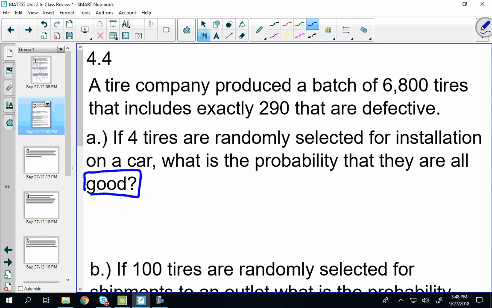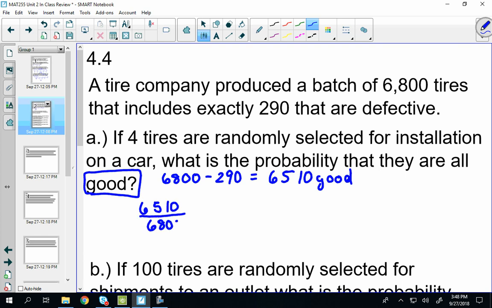So the first thing we need to do is figure out the probability that they are good, because they only tell us about defective. So if we take that 6,800 and subtract 290, that tells us that 6,510 tires are good from that batch. So if I'm thinking about the first tire they draw, it'll be 6,510 out of 6,800.